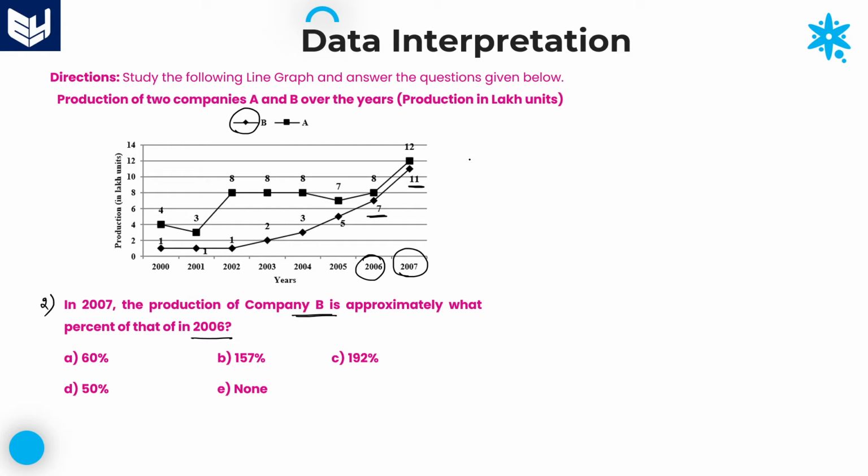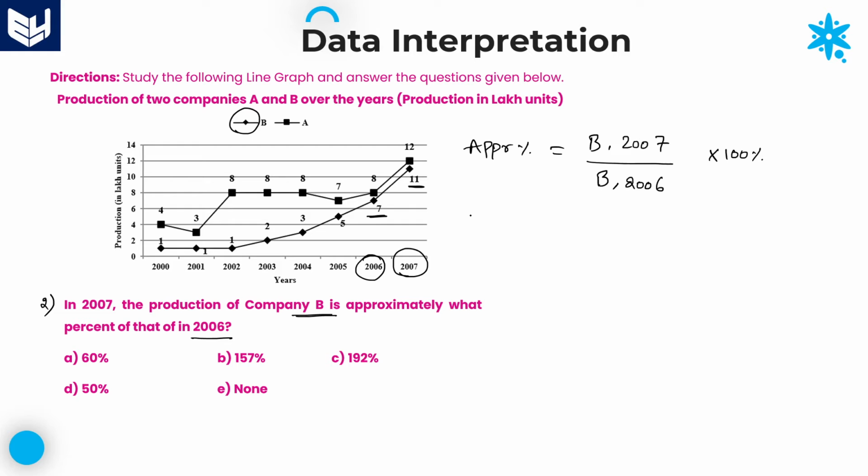Now we are going to calculate the approximate percentage of company B production in the year 2007, that particular value, approximately what percentage of company B production in the year 2006, and into 100 percentage is the common point, right?